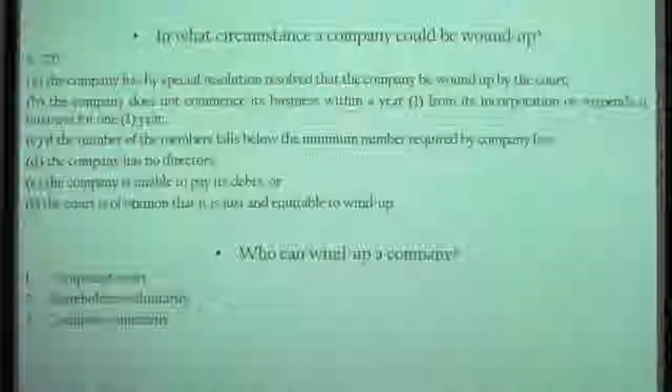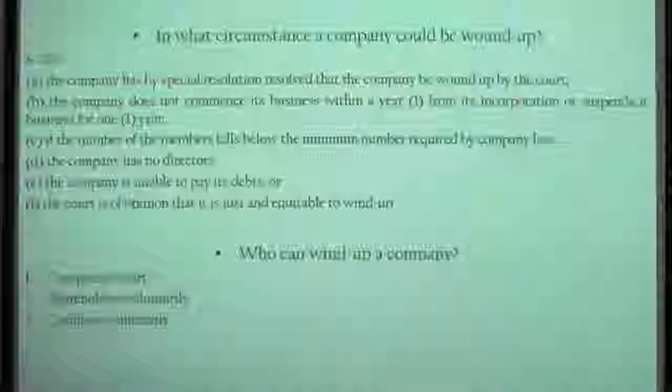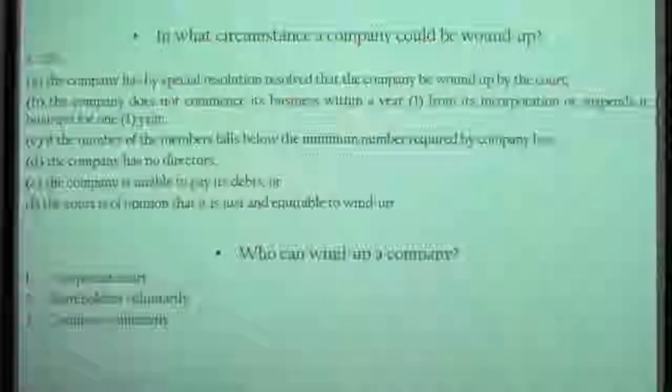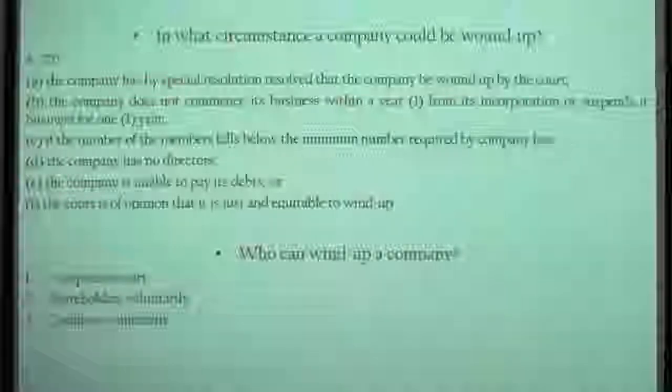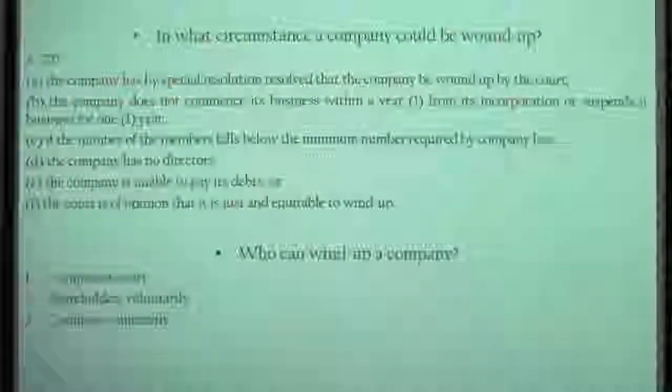The last situation is where the court is of the opinion that it is just and equitable to wind up. The existence of the company would bring negative results, and therefore, it is just and equitable.